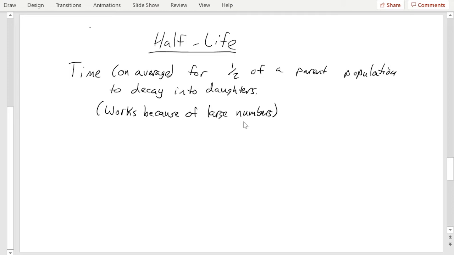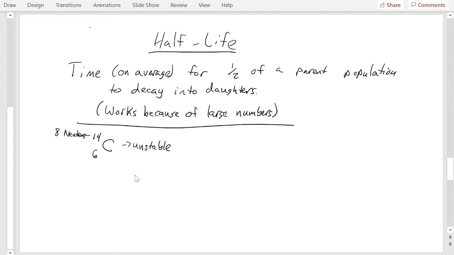So, for example, let's talk about carbon 14. Carbon has 6 protons, and carbon 14 has 14 nucleons. Therefore, it has 8 neutrons. And this is an unstable nucleus, right? This is unstable.